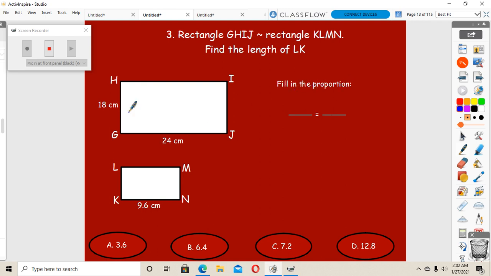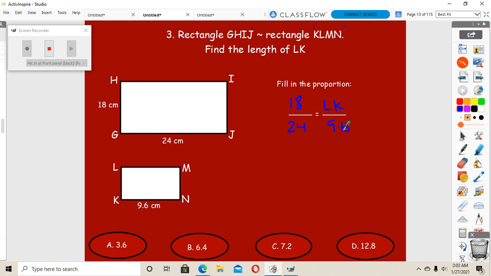We have 18 by 24, then we write GH over KL, equal to GJ, first letter to the last letter, over KN, first letter to the last letter, which is 9.6.